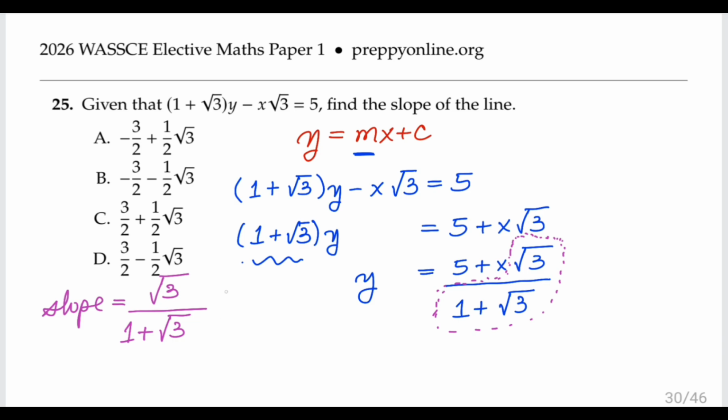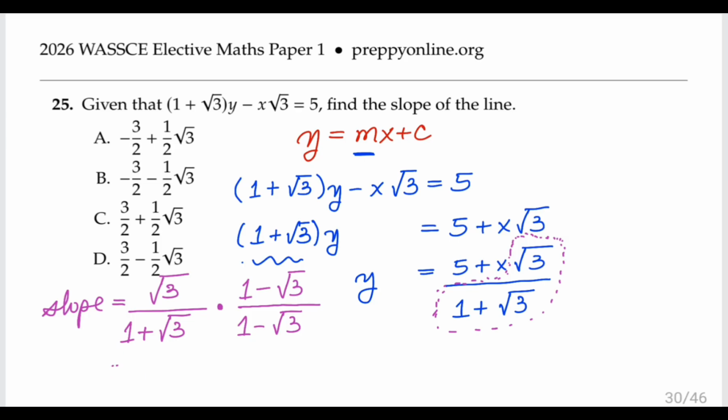So now to rationalize, we're going to multiply both the numerator and the denominator by the conjugate. The denominator is 1 plus square root of 3. So the conjugate is 1 minus the square root of 3. So we multiply by 1 minus the square root of 3 over 1 minus the square root of 3.